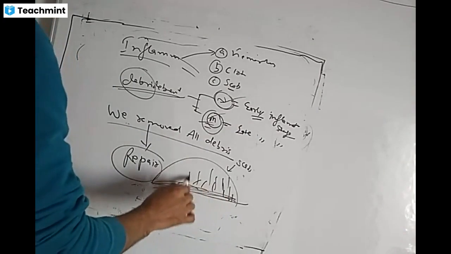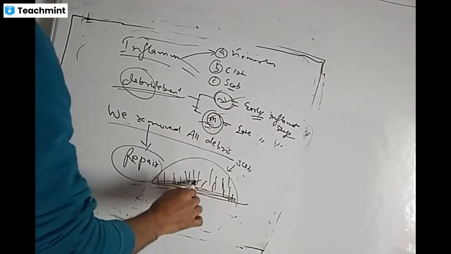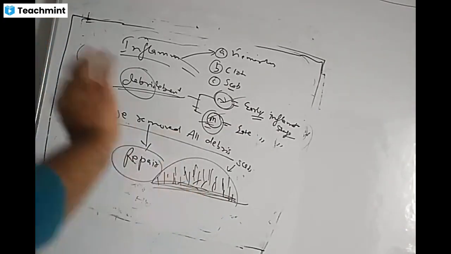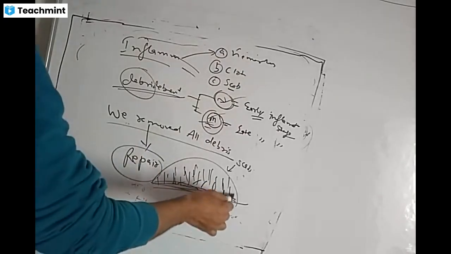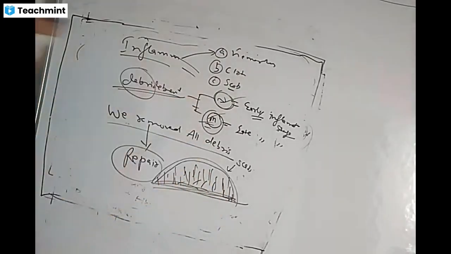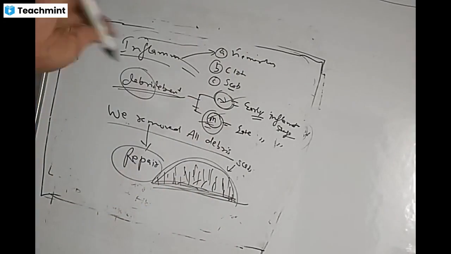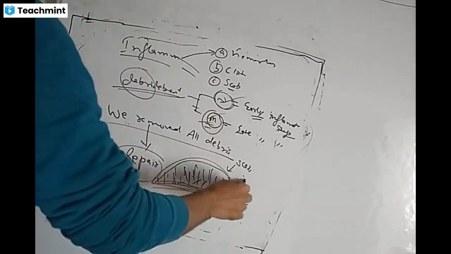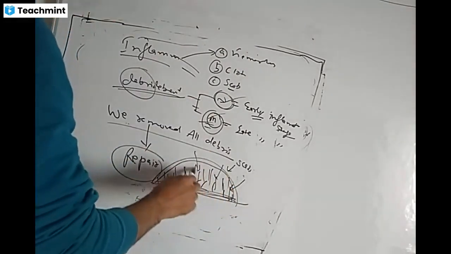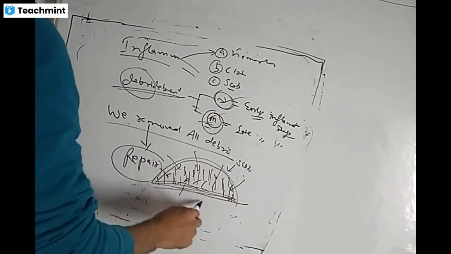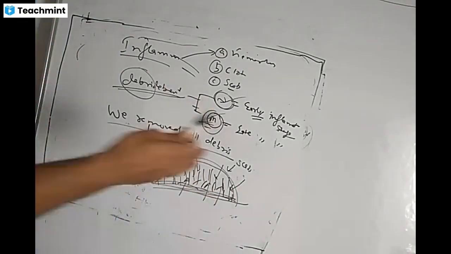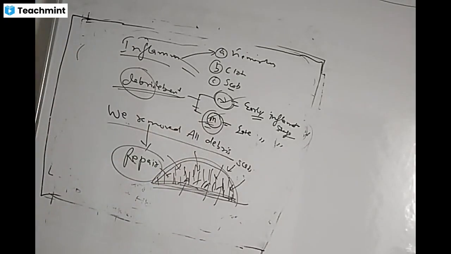This gap is filled with the granulation tissue. Once the gap is filled, then we'll make one layer of epithelialization. At the end, wound contraction, and after that there will be remodeling. So in this manner, we'll move ahead.